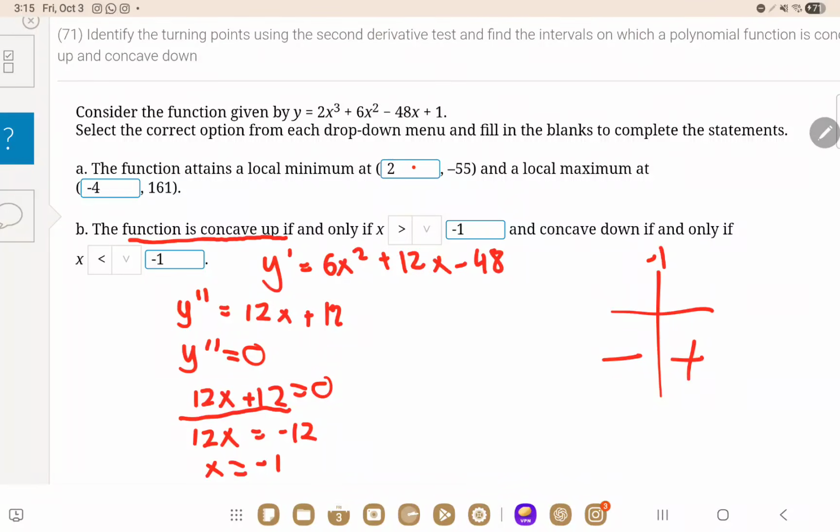Now it is concave up when x is larger than -1, and it is concave down if and only if it is smaller than -1. So it's concaving up, which means it's positive, when x is larger than -1, and it's concaving down when x is smaller than -1. That's pretty much it.